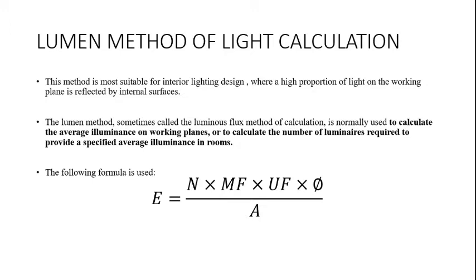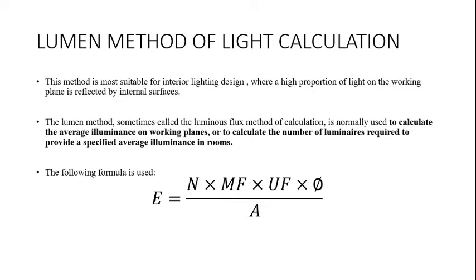This is a method of light calculation on a working plane, and it is most suitable for interior lighting design, where a high proportion of light on the working plane is reflected by internal surfaces. This method is ultimately used for the calculation of the net illumination on a particular working plane.